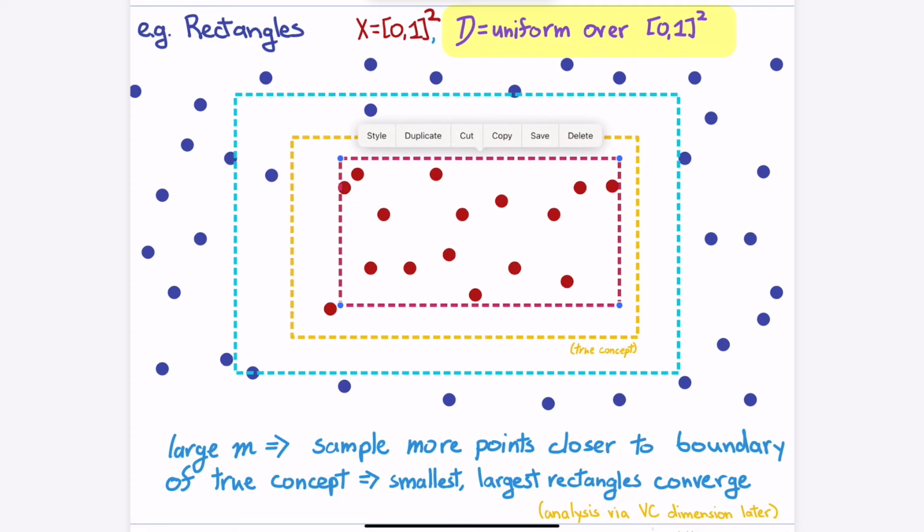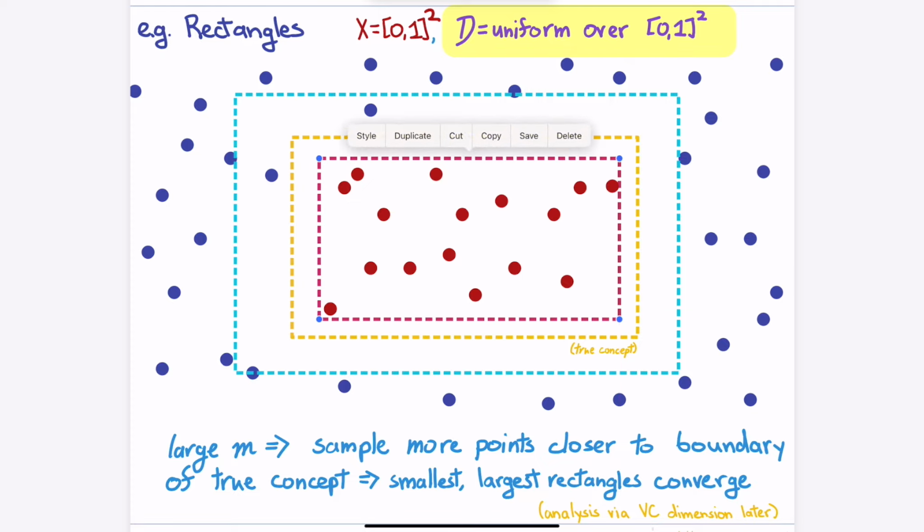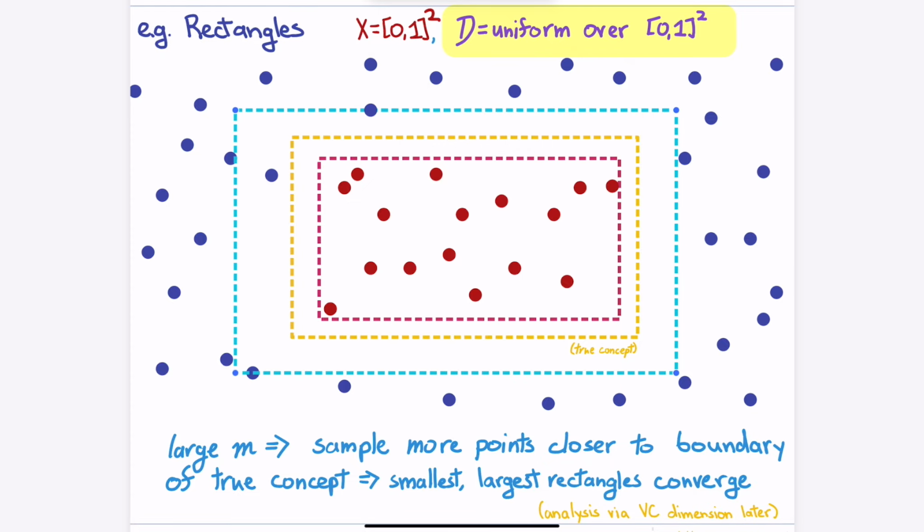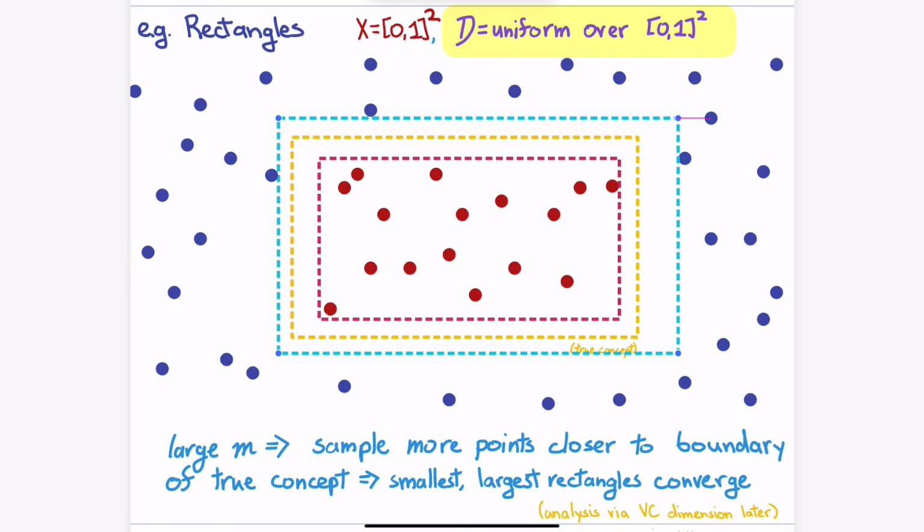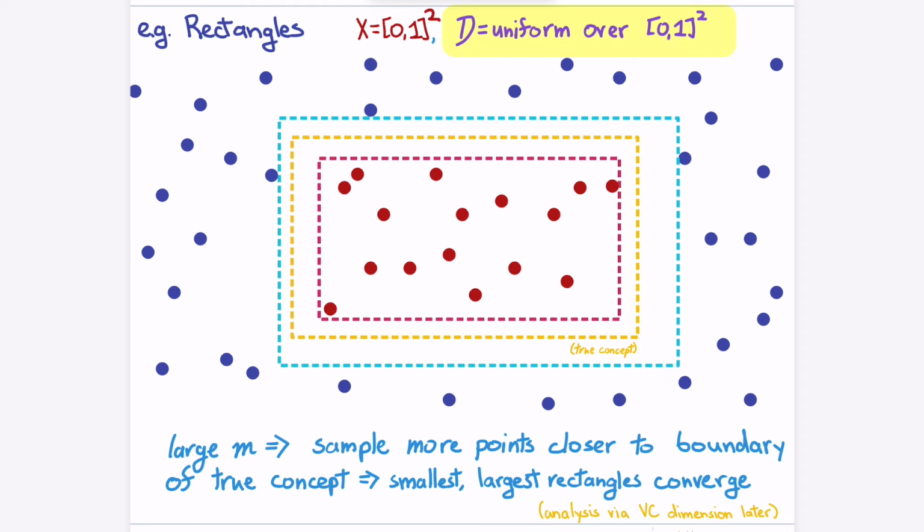In this particular example, your hypothesis is getting better and better. The smallest and largest rectangles are going to converge, but there's a mathematical question of at what rate it converges.